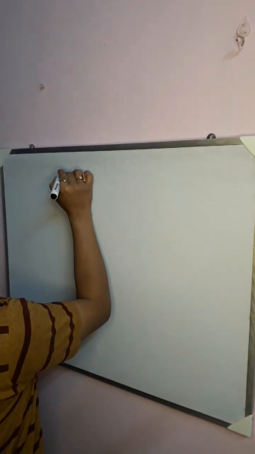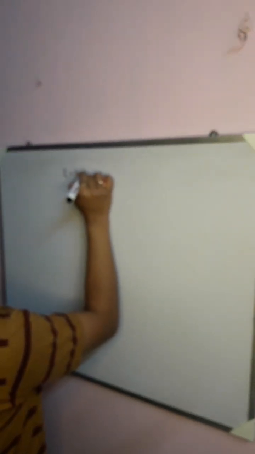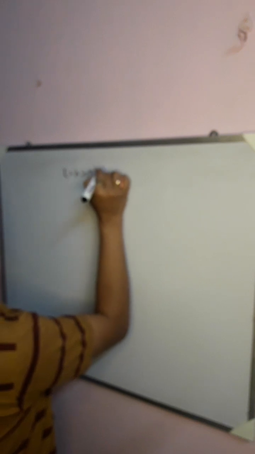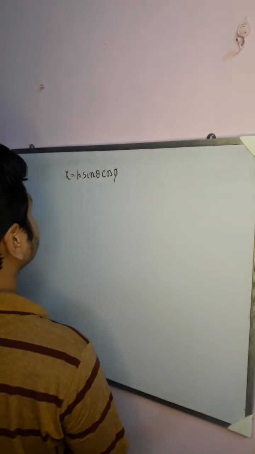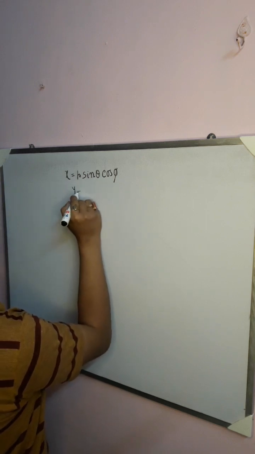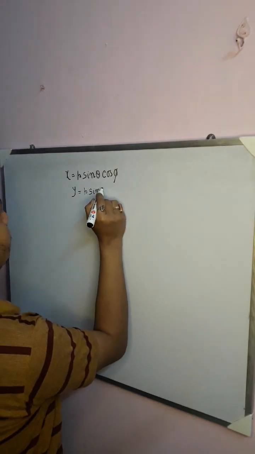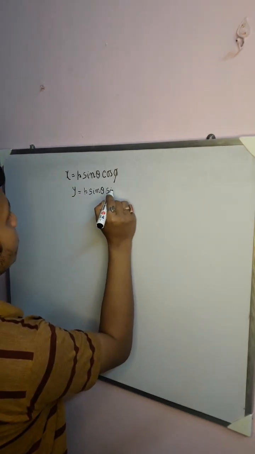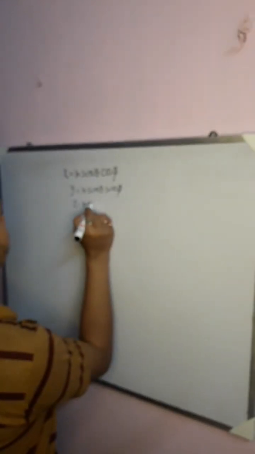So what are the relations? x we can write as r sin theta cos phi, y as r sin theta sin phi, and z we write as r cos theta.